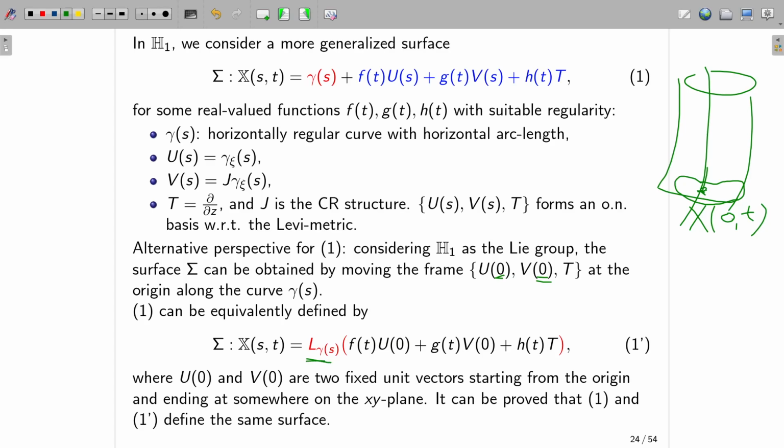Remember, this is a left translation applied on the point here by gamma(s). So the tube can be regarded as a lot of layers: you copy the first one to the second layer, and the second layer to the third one, and so on. It can be proved that those two surfaces, 1 and 1 prime, define the same one.